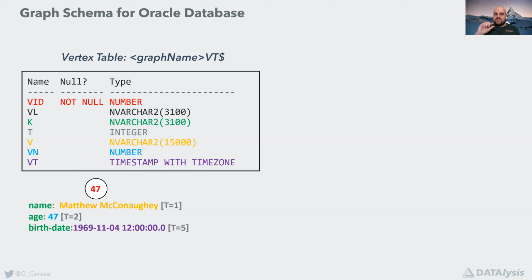The column T is just a coded reference. When it's a string, it's 1. When it's a number, it's 2. When it's a date, it's 5. You find those in the doc. In the doc, there's a little table that gives you the types for every single type.